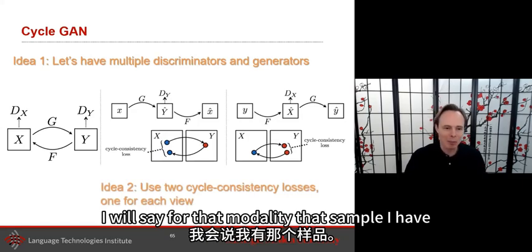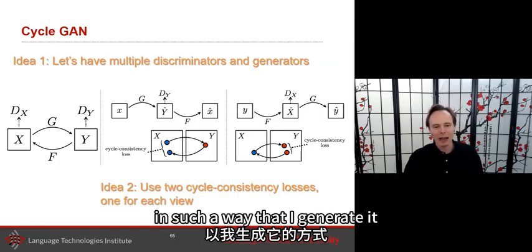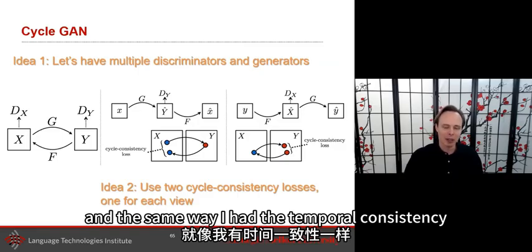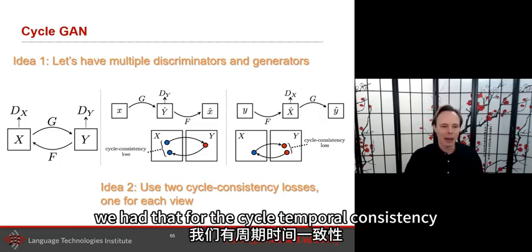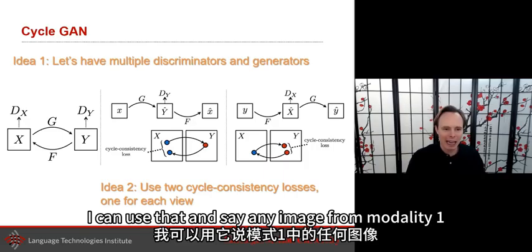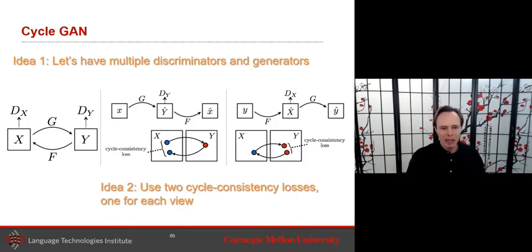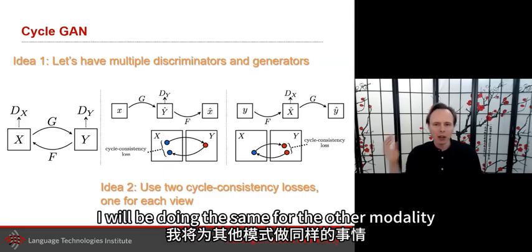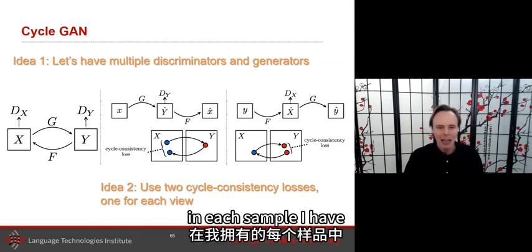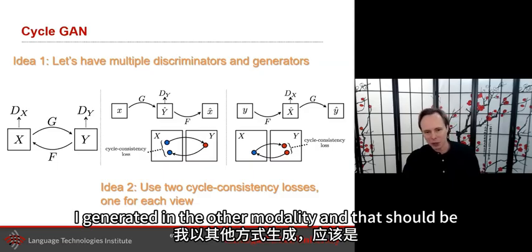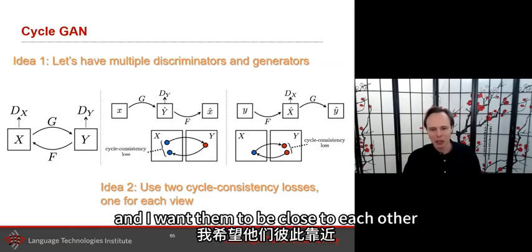For a sample I have in one modality, I generate it in the other and back, in the same way as the cycle temporal consistency we had. Any image from modality 1, if I generate it and come back, should be close to the original. And I will do the same for the other modality: any sample I have, I generate in the other modality, and I want them to be close to each other.